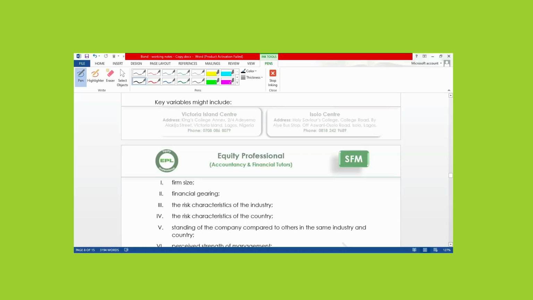Number four, the credit characteristic, or the risk characteristic, of the country. Of course, companies operate within a country. Where that country is highly volatile, that can affect the company's rating.